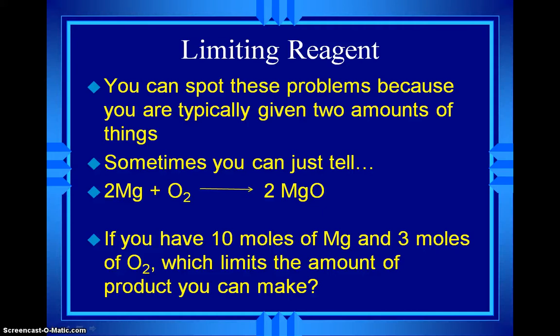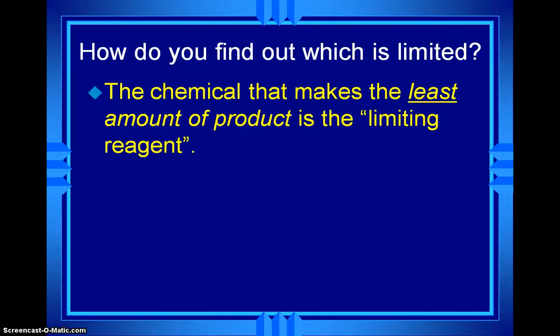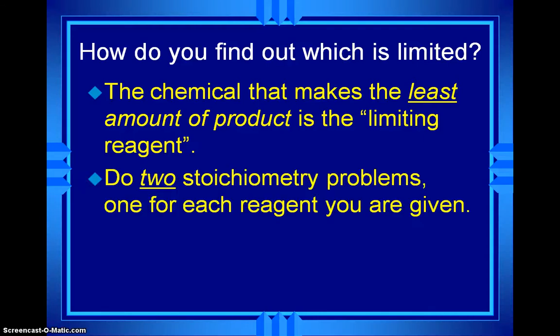It says if you have 10 moles of magnesium and 3 moles of oxygen, which limits the amounts of products you can make? So you're given 2 amounts. You're given the amount of 1 reactant, and you're given the amount of another reactant. And then you can determine which one limits how much you can make. Okay? So the chemical that makes the least amount of product, we say, is the limiting reagent.